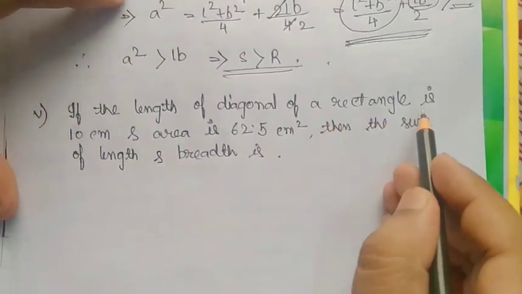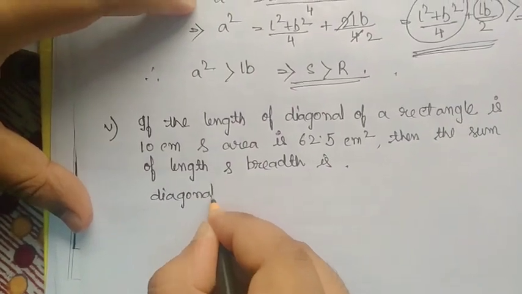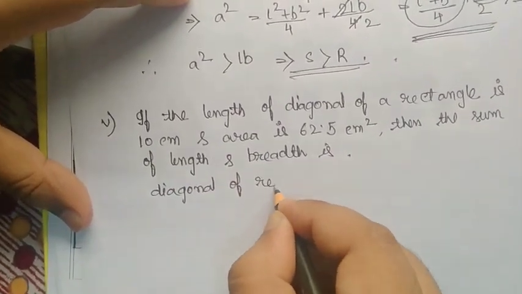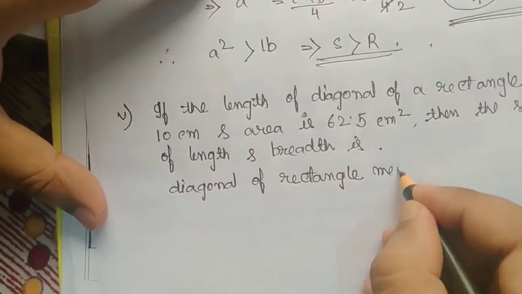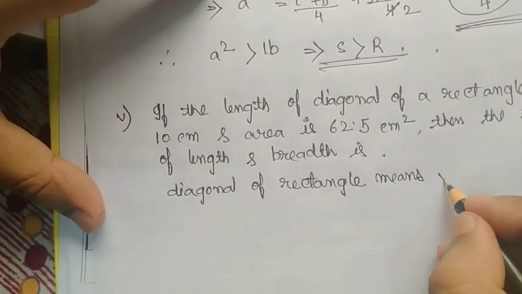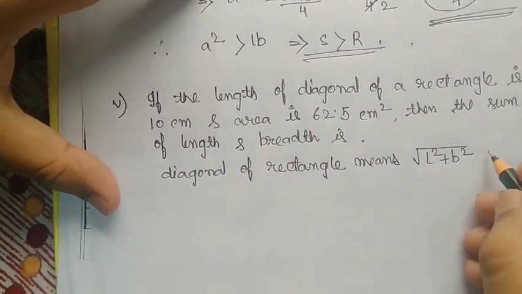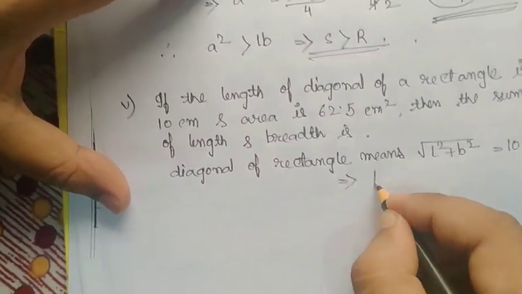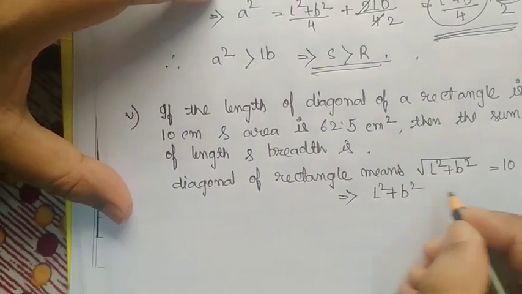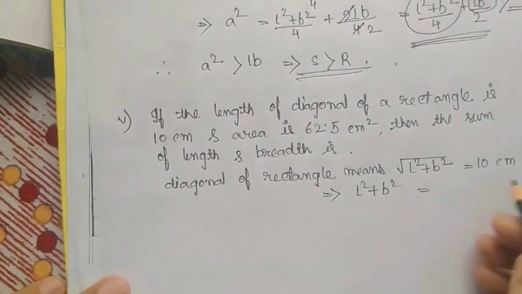So length of the diagonal of a rectangle, diagonal of rectangle means root over L square plus B square equal to 10 centimeter. So if we square both sides, therefore we can say that length square plus breadth square equal to, here the square root vanished, 10 square equal to 100.